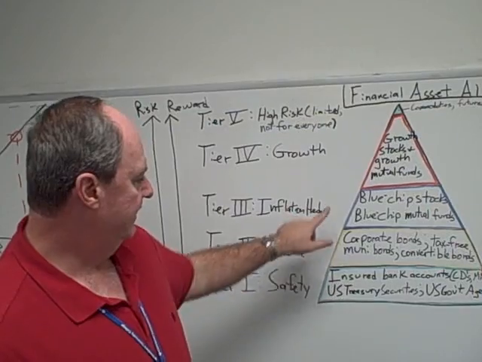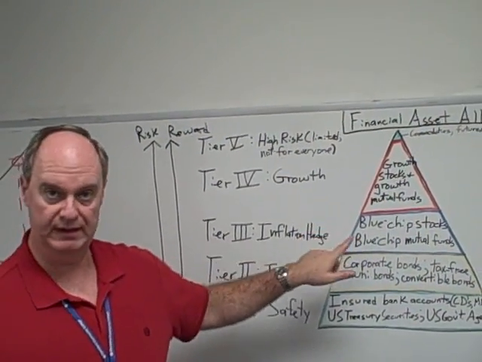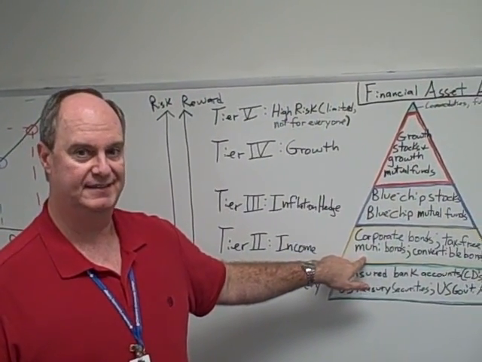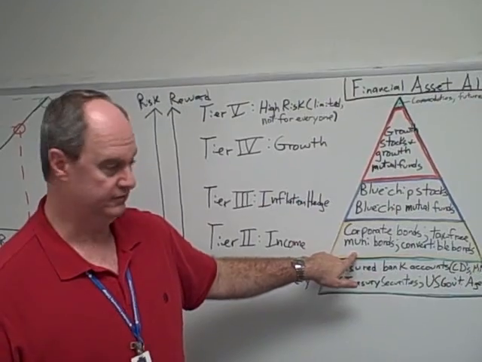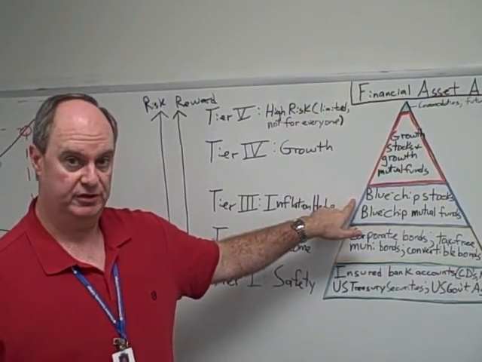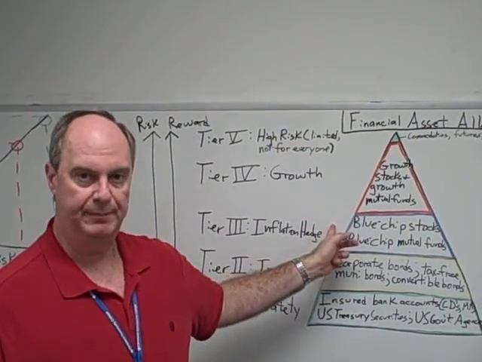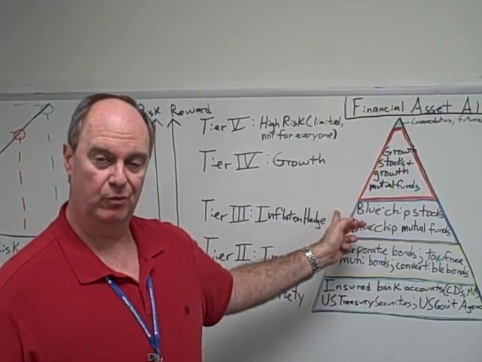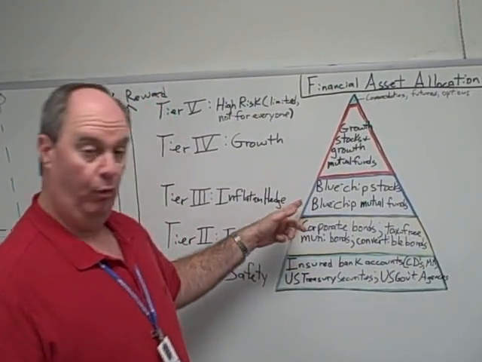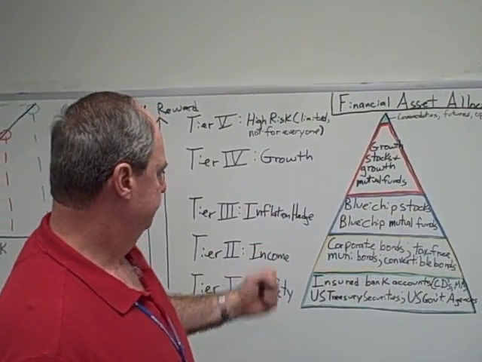Blue chip stocks. Now the difference between tier 2 and tier 3 is that these instruments represent debt of the companies or the municipalities. These instruments represent ownership. You actually own a portion of IBM or Walmart or whatever company whose stock you buy, or mutual funds that happen to own those companies.